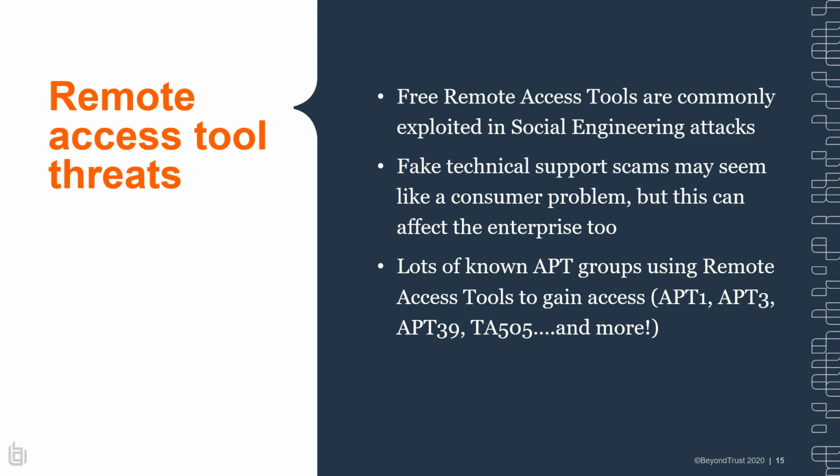In the real world, free access tools are commonly used for social engineering attacks. Something we often see is fake technical support scams, which could seem like it's a consumer issue, but in reality it affects the entire organization. You see a lot of APT groups using remote tools to gain the initial access to an organization.